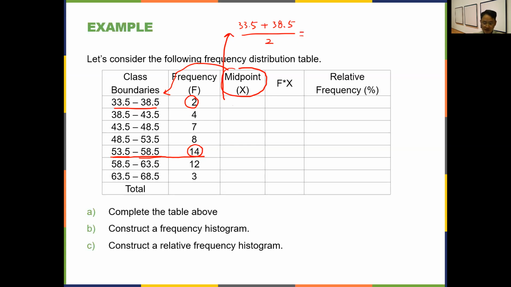So let's say you add 33.5 plus 38.5, then what do you get? You get 72, just like that. And you divide that by 2, then you get 36. So this midpoint is going to be 36.